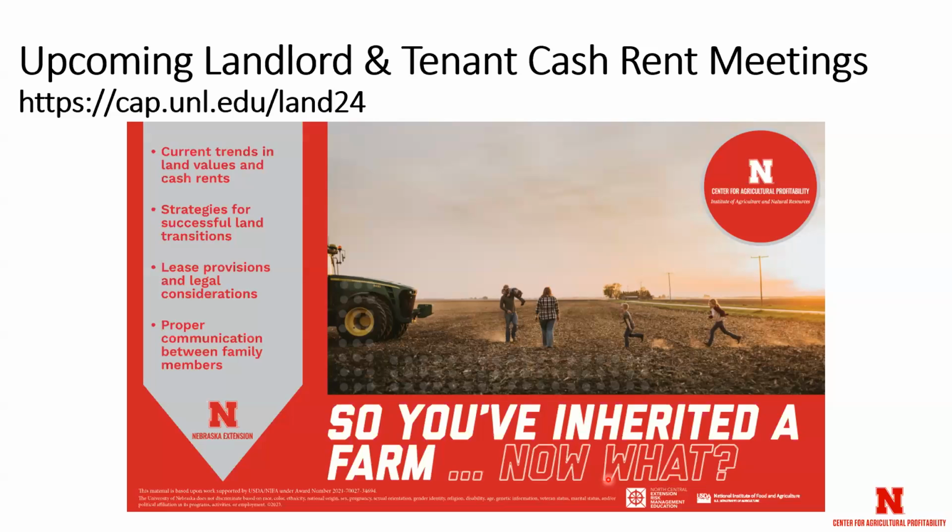All right, another question on APH. How long does it take to establish and how often is it updated? So remember, we said before, APH stands for Actual Production History. It's a 10-year average. Now, if you're a beginning producer and you don't have 10 years of yield history, there are different things that can be done. There are some county-level plug yields where they give you a historic county average and then you start plugging in your own information.